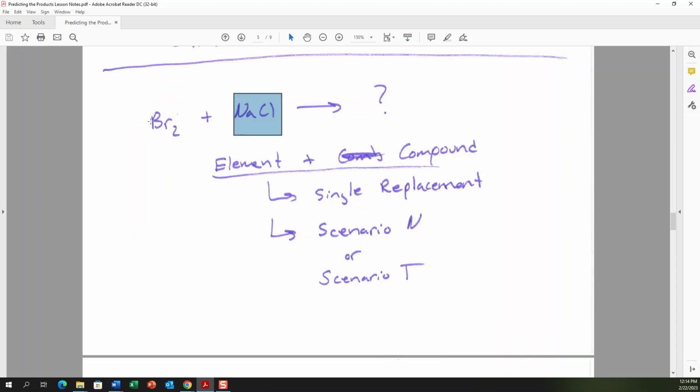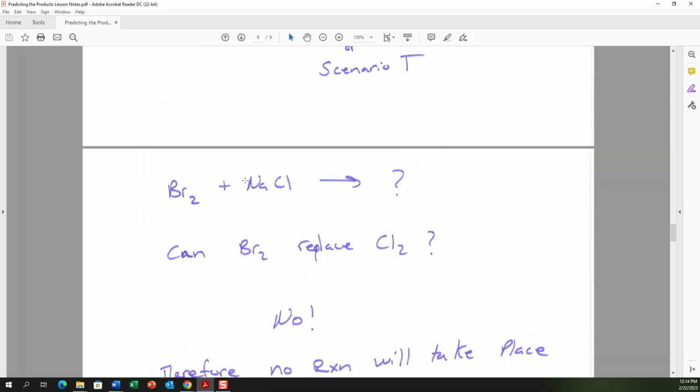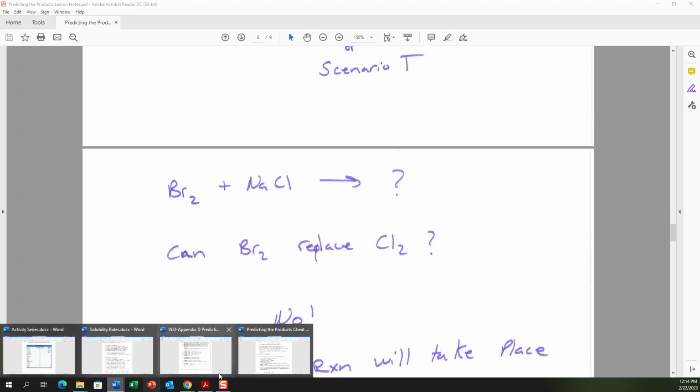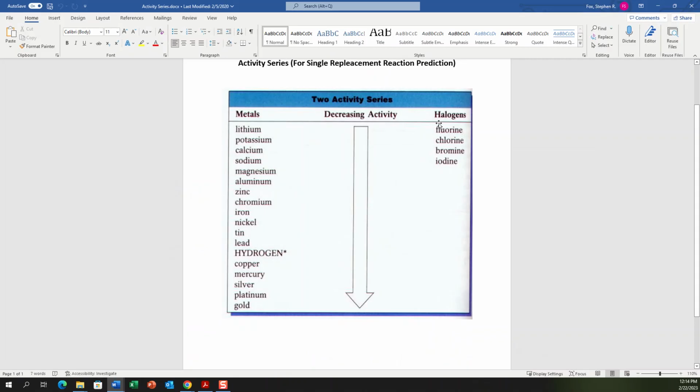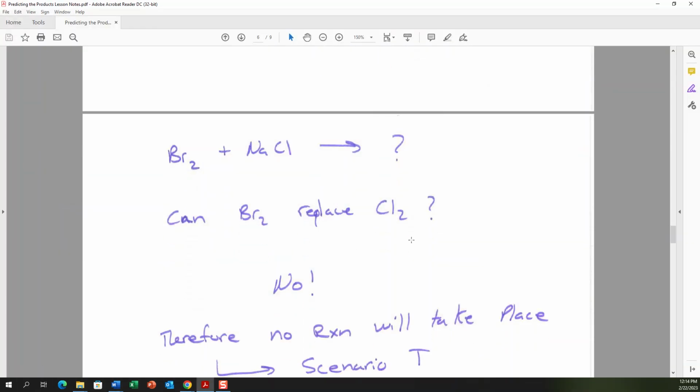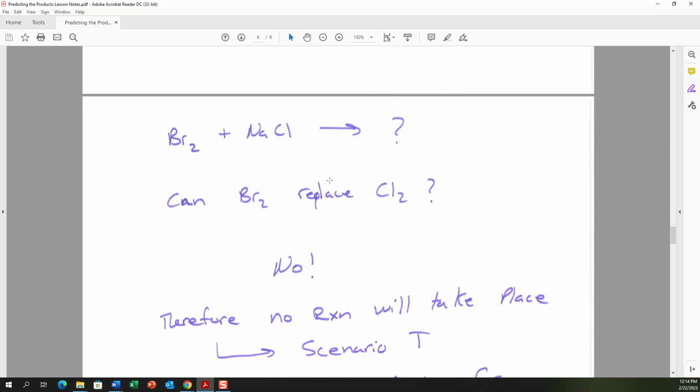But the question is, can bromine replace chlorine, right? Can bromine replace chlorine? And so we go to activity series. Now, for the halogens, it's just the order they appear on the periodic table. So chlorine is above bromine. Bromine is below chlorine. So bromine cannot replace chlorine. So the answer is no, bromine can't replace chlorine. Chlorine's more reactive. It's higher up on the activity series.